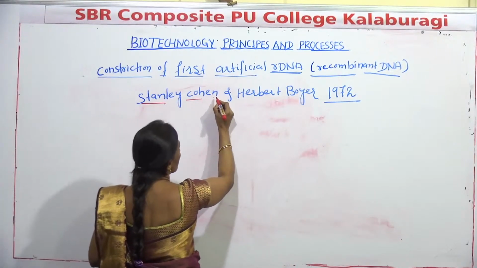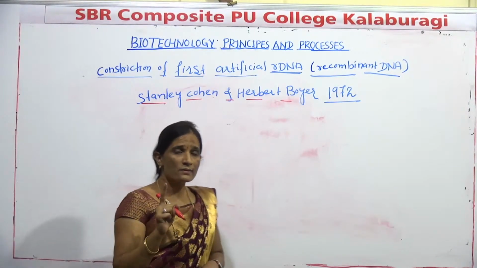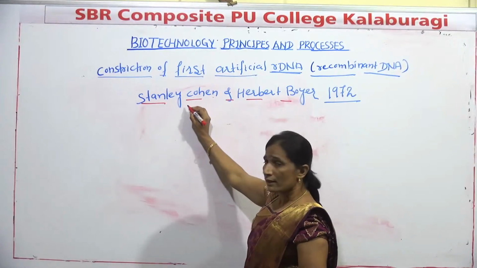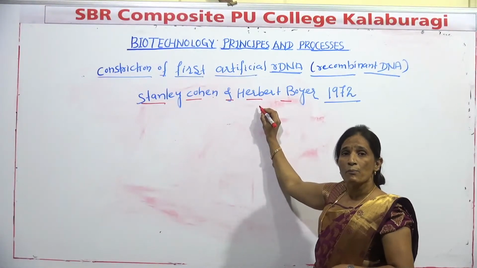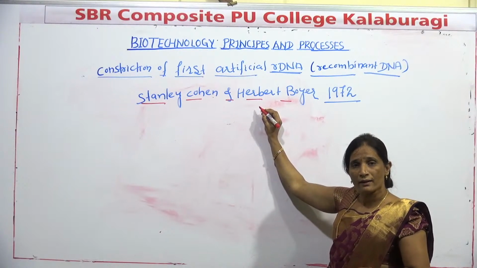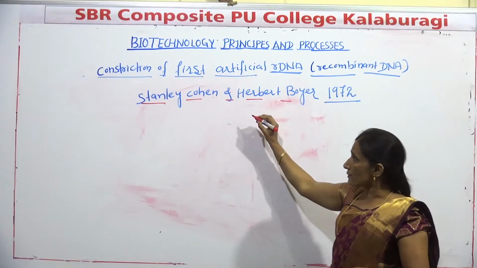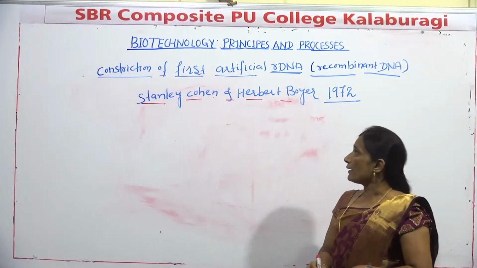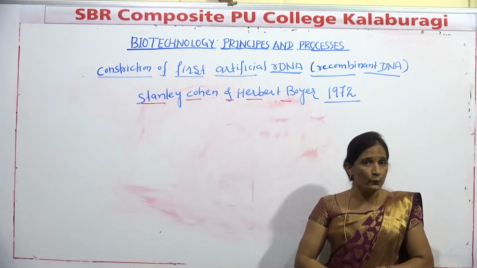The first artificial recombinant DNA was constructed by two scientists. One is Stanley Cohen and the second one is Herbert Boyer. It is very important to know who first constructed artificial recombinant DNA. It was first constructed by the scientists Stanley Cohen and Herbert Boyer in the year 1972.